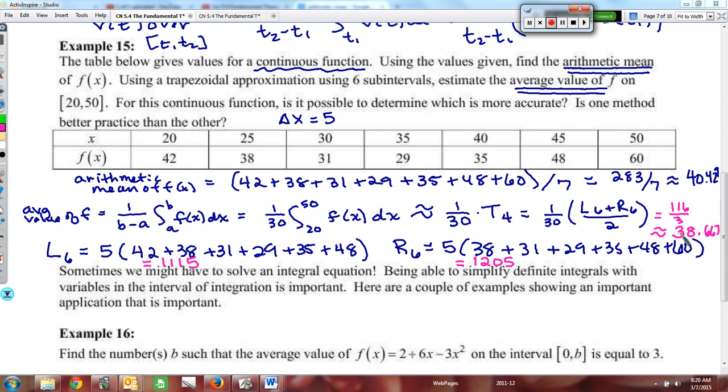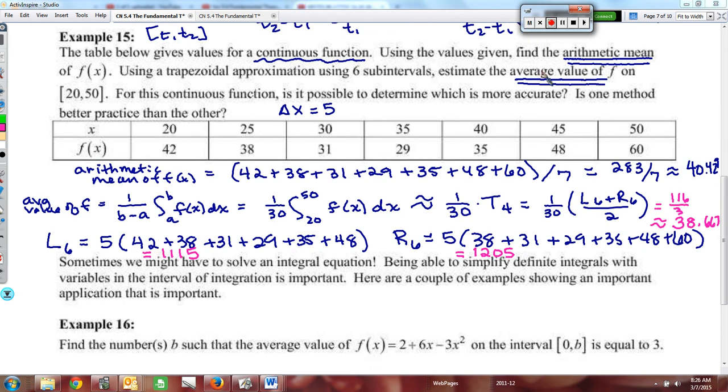Now, of course, you got two different answers. There's two different estimates of the average value of the function, and so the question might be, is one more accurate than the other? What do you think? What do you think about which one is more accurate? Now at this point when I ask this question, I wish I could have like a button for you guys at home and you could say, hey, we think this is the better method. But let's kind of talk about this.